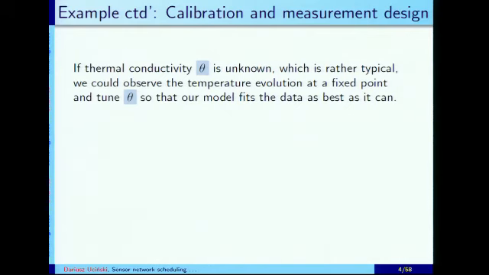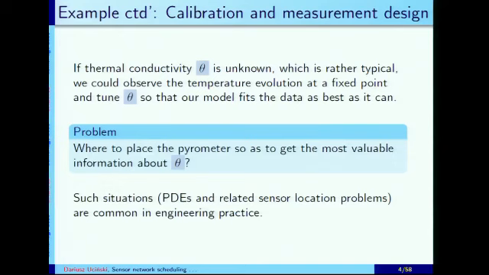Normally, it is a very rare case that we know its value, so this parameter must be identified based on observations. If we have a thermocouple or a pyrometer, we can place it and we can take measurements, and as is usually the case in parameter identification, then we may attempt to tune this parameter so as our model be as close as possible to the observed observations.